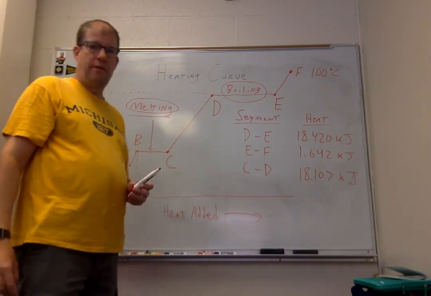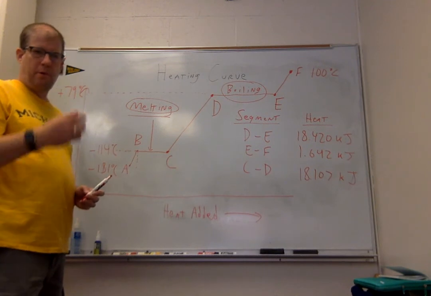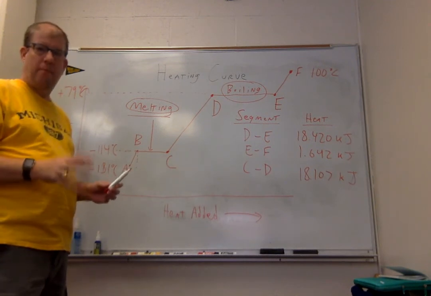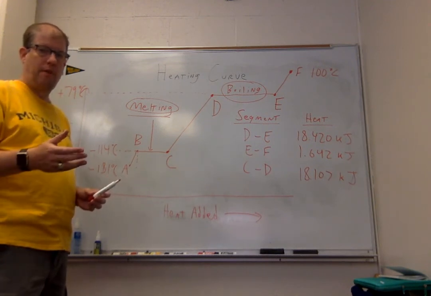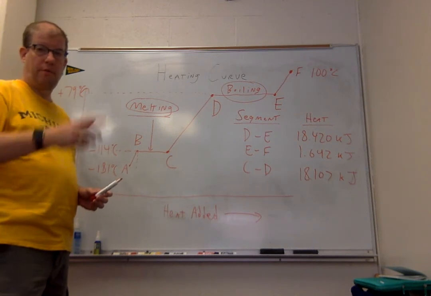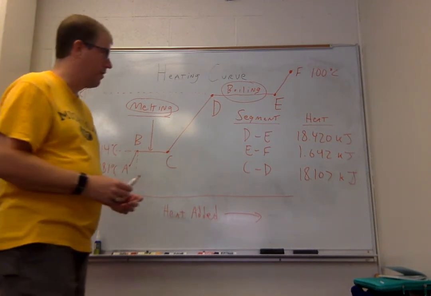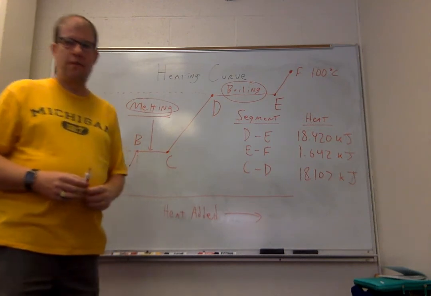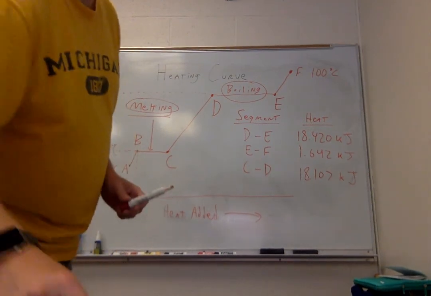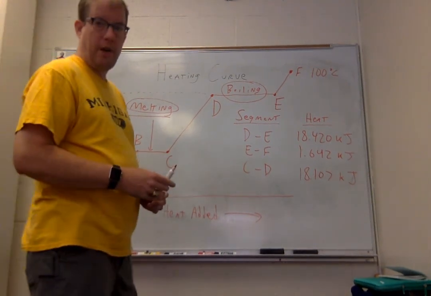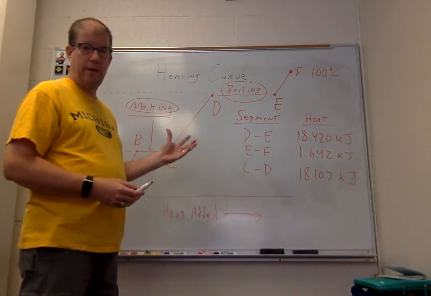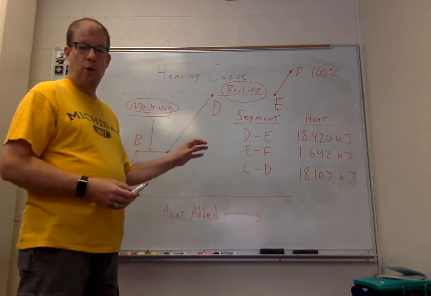The reason for that is, if you've read this in the book or you remember from class, there's not that much difference between the solid and the liquid phase, but there's a huge difference between the liquid phase and the gas phase, the vapor phase, because to enter the vapor phase you must disrupt all of the intermolecular forces that are present. So ethanol has hydrogen bonding, so it has that OH group at the end.